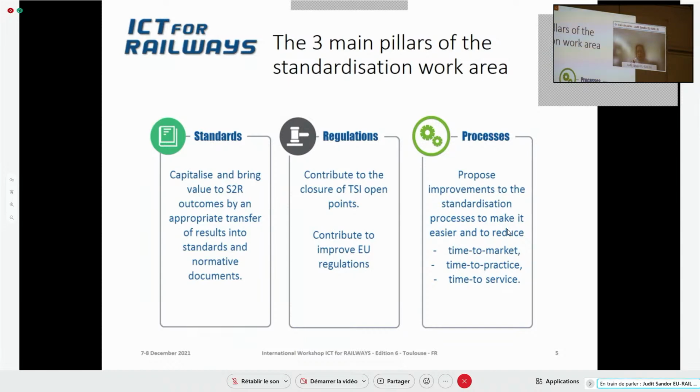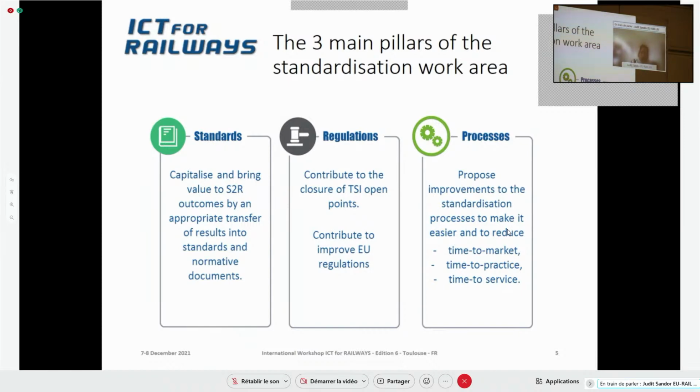So it's important that the process to standardize is also accelerated and meets the current needs and the current speed of this evolution. So that's why it's important that we also see how these processes can be optimized and ensure that they follow the speed that is required.